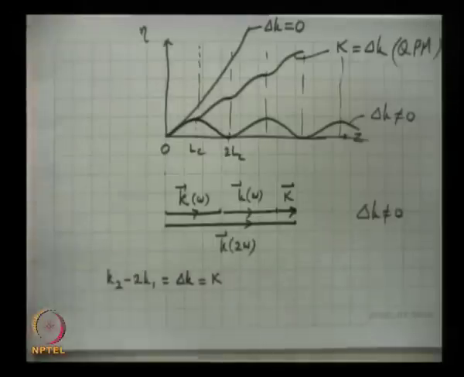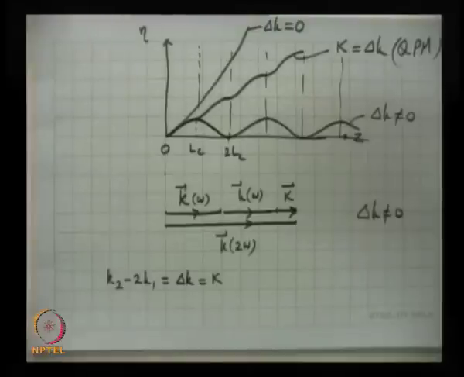So, I take a set of gallium arsenide slabs of 105 micron thick, I rotate alternately like this, stick them together, and I have a beautiful quasi-phase matched crystal which works for second harmonic generation. There is no birefringence, but to do this with 3 microns is not easy. So, I will tell you a little later what are the techniques used to generate this kind of a thing in lithium niobate, but first thing is, how do I do this?